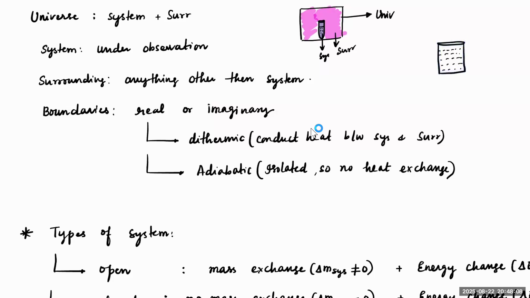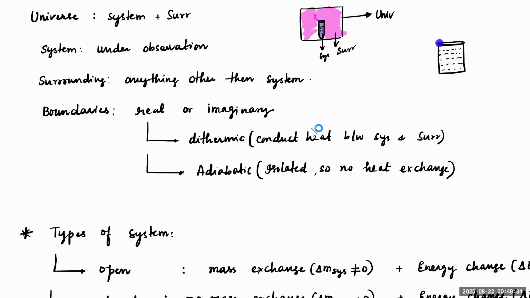But is it real in all directions? Not necessarily. On top of it, you can see it is open to the atmosphere maybe. In that case, I can take it as a virtual boundary, that I can assume I'm making my system end here. Anything above that is actually surroundings. I'm not bothered once it crosses that particular space, right?